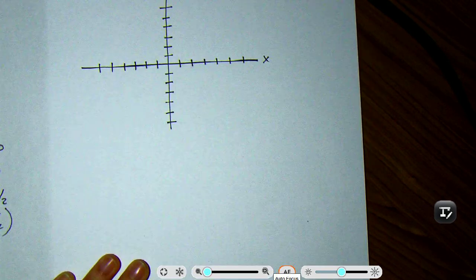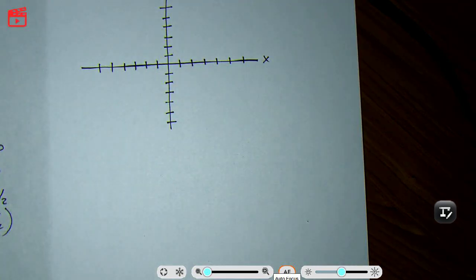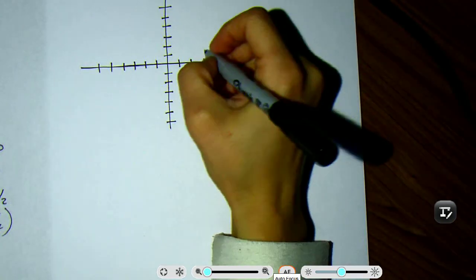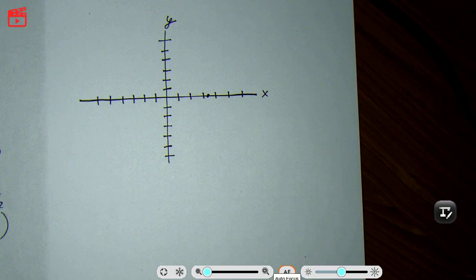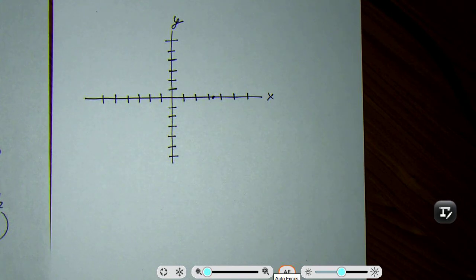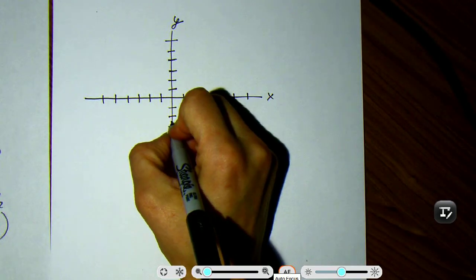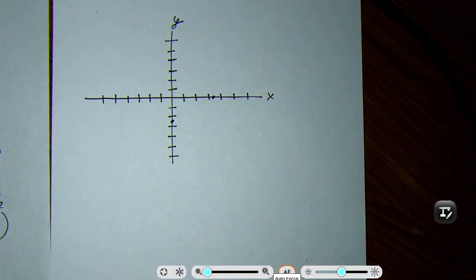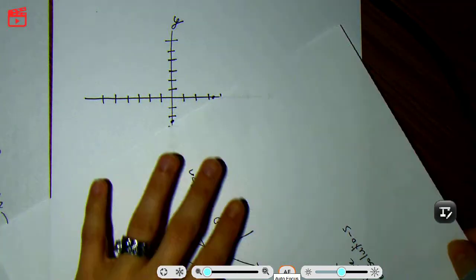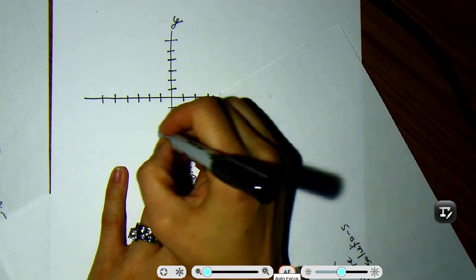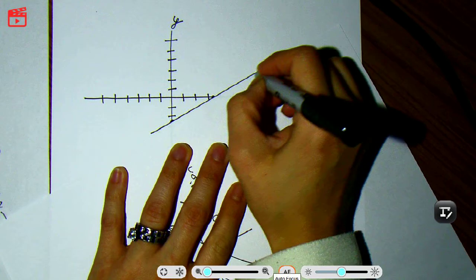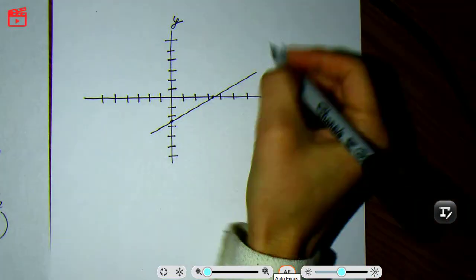Alright, so my first equation, we found that it had an x-intercept of 10/3, so that's 3 1/3, so right about here, and a y-intercept of negative 5/2, which is negative 2.5, so I'd be somewhere right about there. I'm going to use this paper to try and get a good straight line. There we go. Alright, so there's one of my lines.